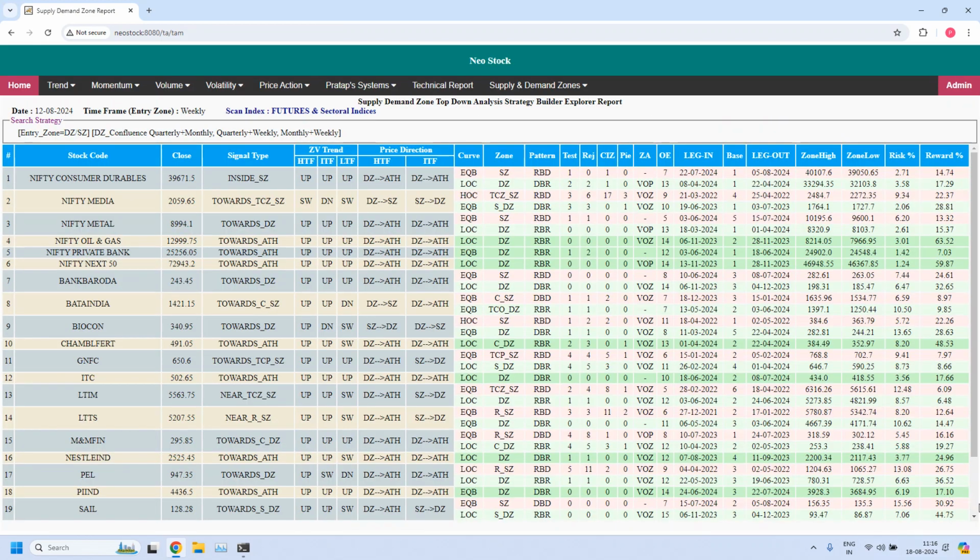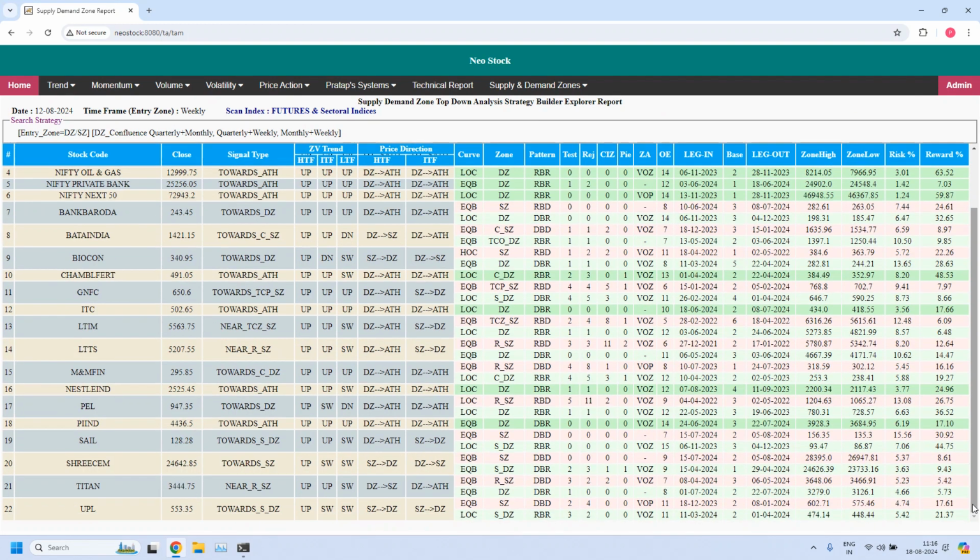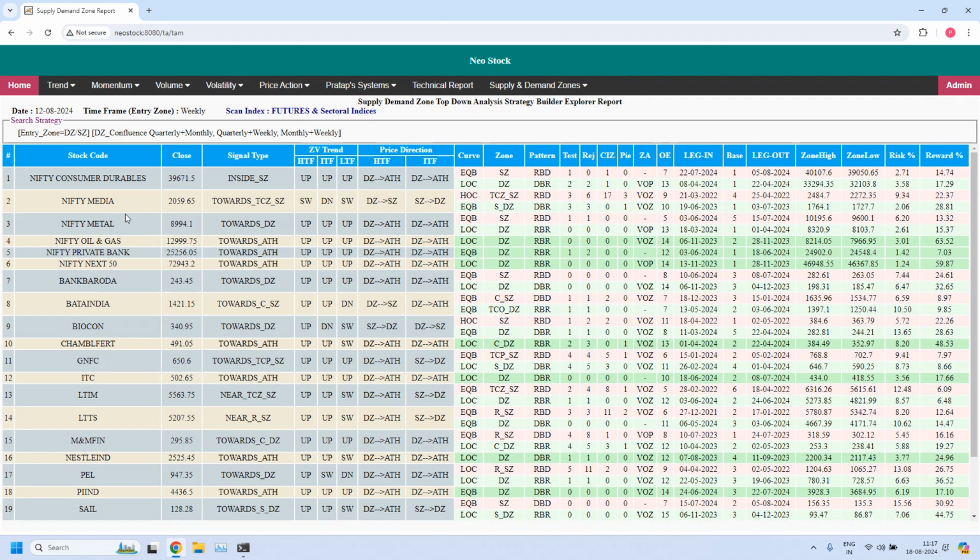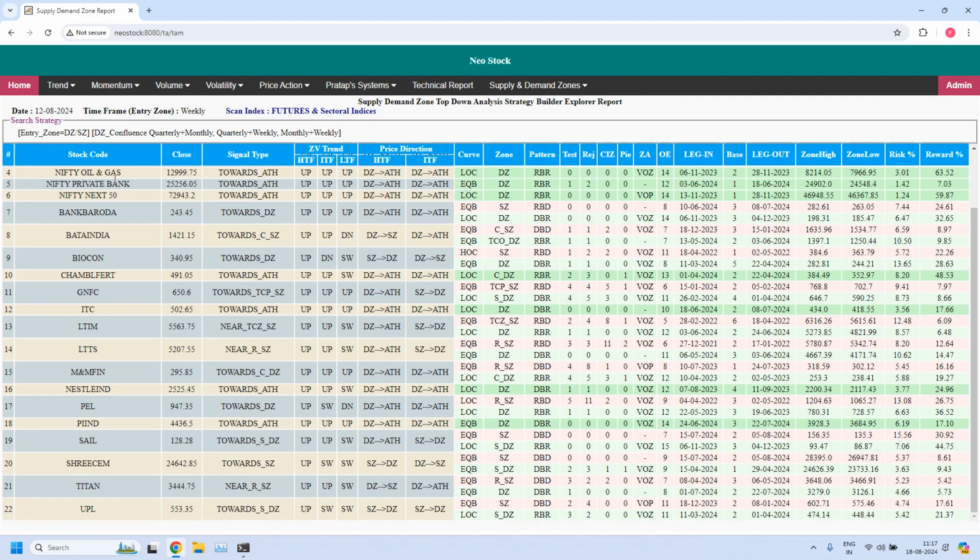Still we got a good number of stocks. Total 22 stocks are filtered. First 3 are indices. If I scroll down from the 4th one onwards, these stocks are having confluence with even quarterly.